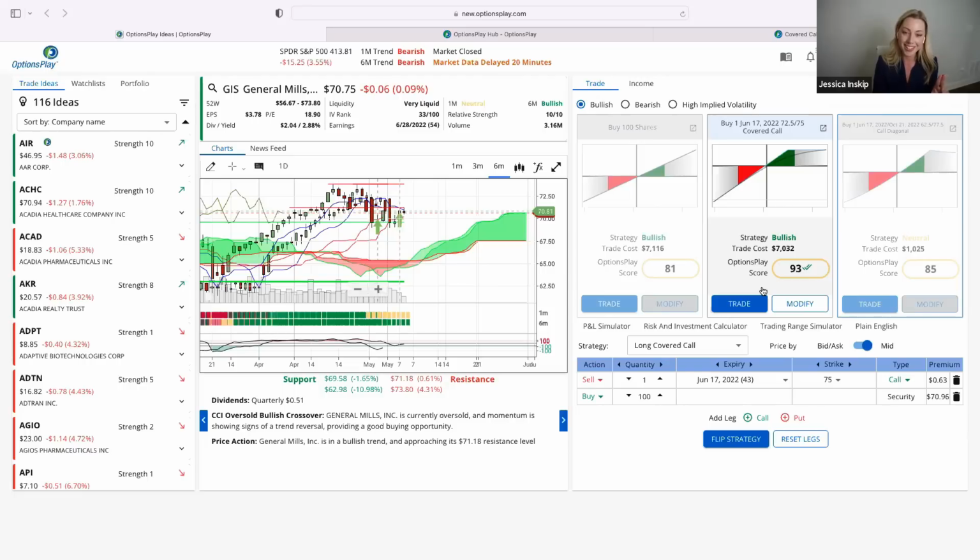So therefore you've got an 85 to an 80% chance of it expiring out of the money, which is what we want. We want a higher probability of it expiring worthless. Lower delta, higher probability of expiring worthless.